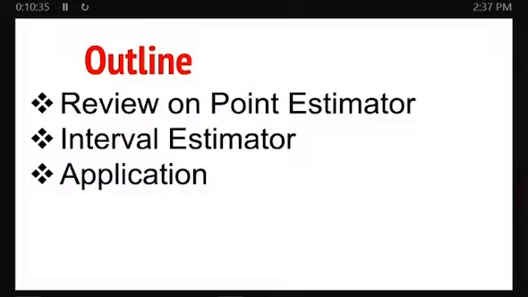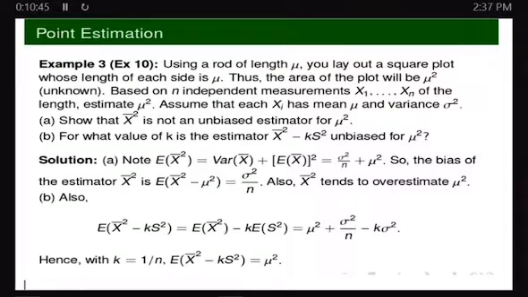Of course, in the outline, I've had a review on the point estimator. I'm going to go into interval estimator. But before going into interval estimator, I came across this example online and I love it. You are preparing for midterm, right?